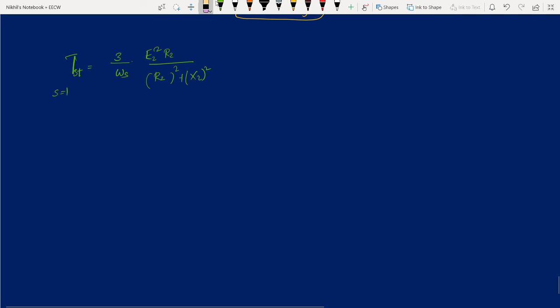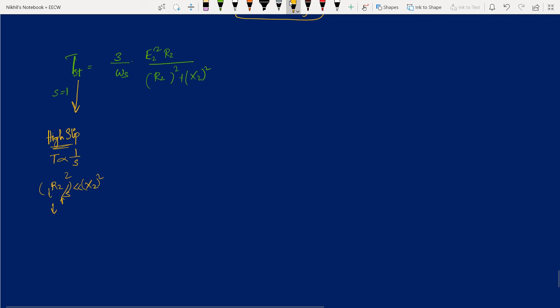So now slip is equal to 1. Slip is equal to 1 at the time of starting. Which type of region is it, high slip region or low slip region? It is high slip region. In the high slip region, I already told you that torque is inversely proportional to the slip. That is, R2 by S is there and you have X2, both in whole squares. If slip is more, R2 by S will be less, and in square it will be much lesser.